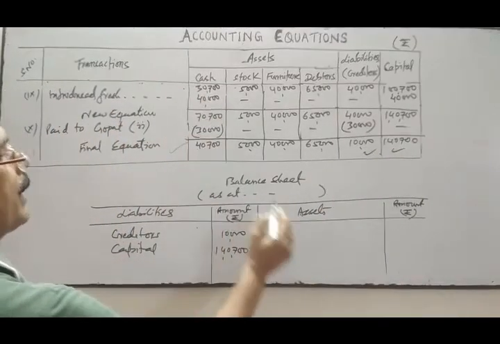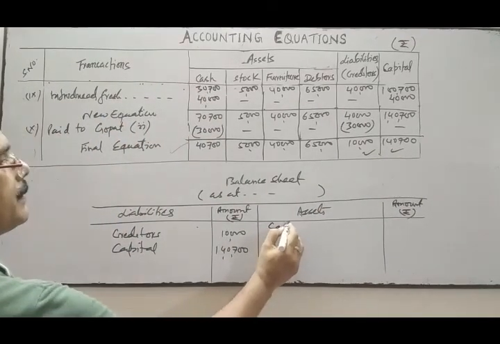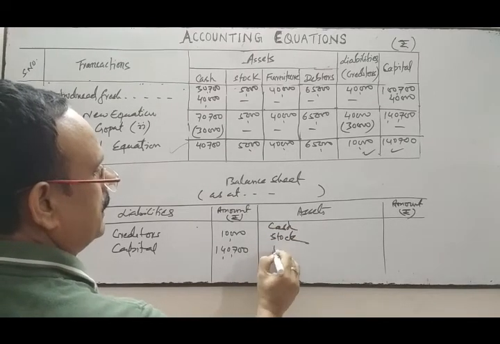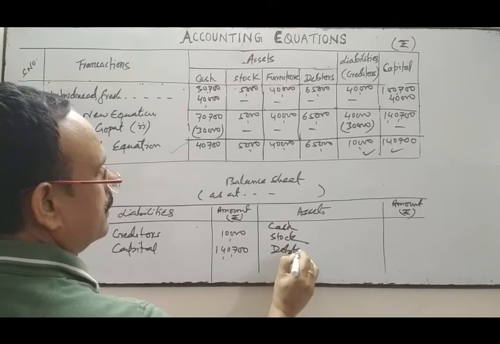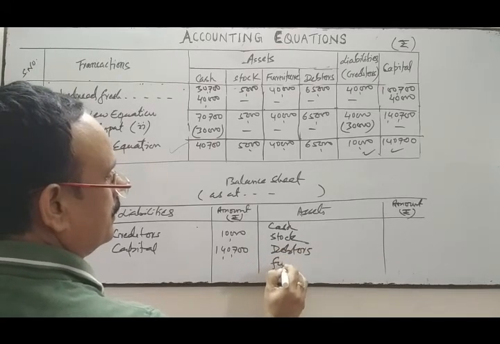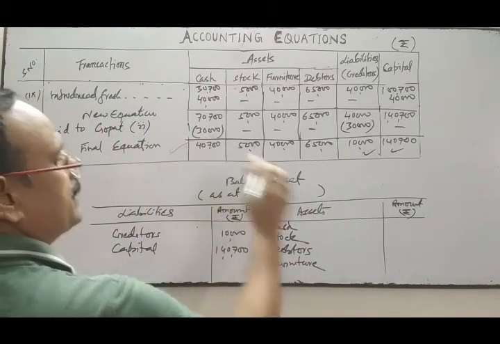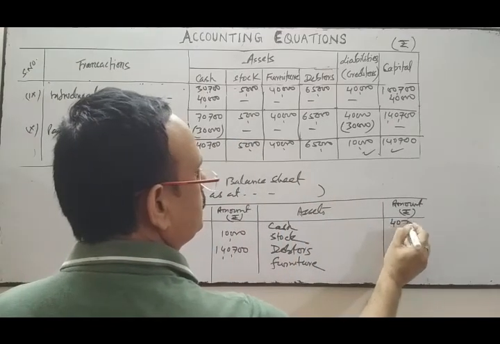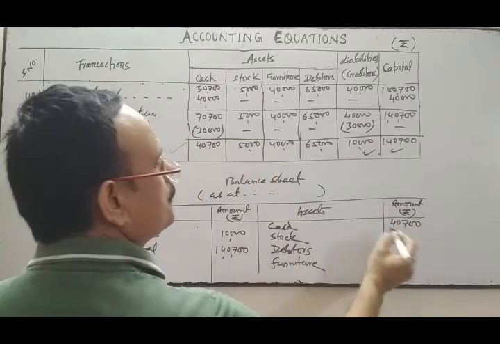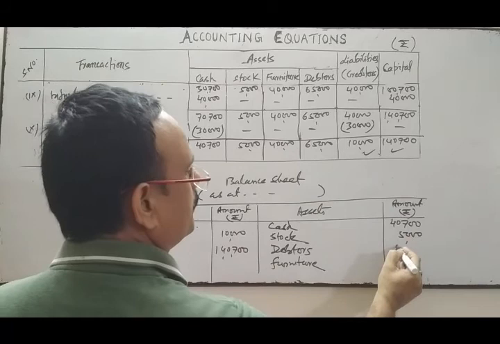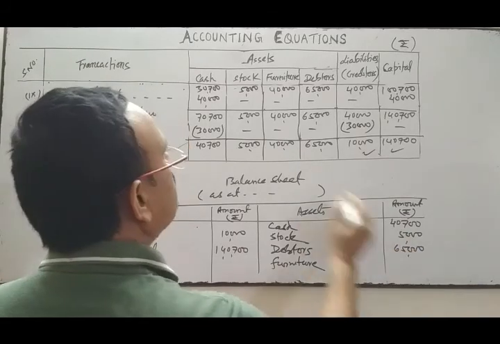And on this side, your asset side, is your cash, stock, debtors, and furniture. Cash is 40,700, stock is only 5,000, debtors 65,000, and furniture 40,000.